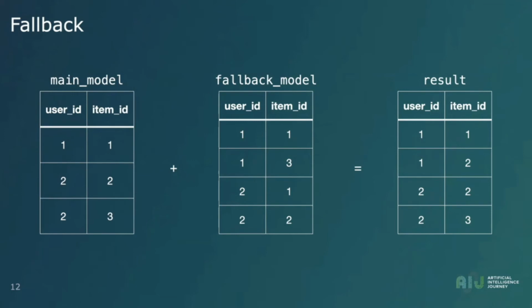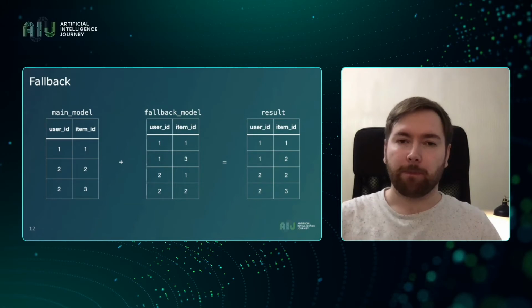For example, here the first user lacks the required number of recommendations, but there is a fallback model. It's simpler, but it always gives recommendations for all users in the quantity that we need. With this fallback scenario, we can create an object that is a combination of those two models, and it automatically gives recommendations that are the union of recommendations from the two baseline models.